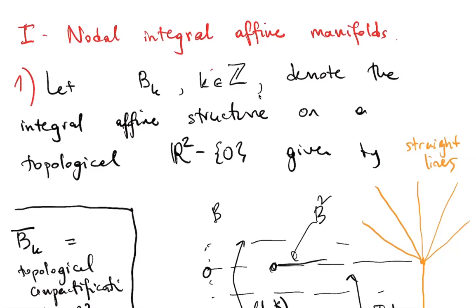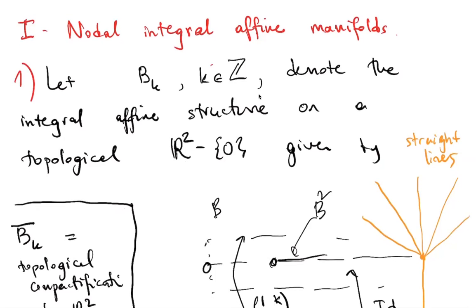These are topological spaces with an atlas where the transition functions are elements of the semi-direct product of translations and linear elements of GL(n, Z). You can also require them to be elements of SL(n, Z).